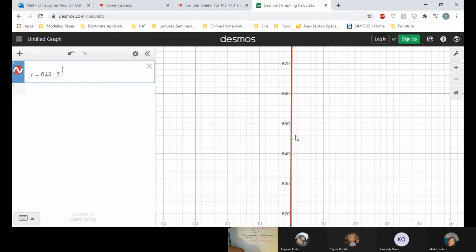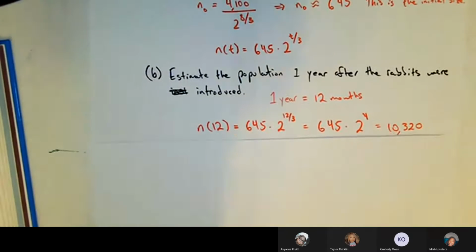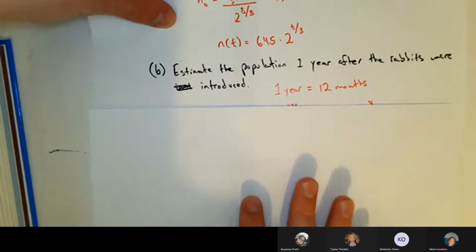In fact, that's what they did in the picture in the textbook. Their scale for time goes out to 20, and for the population goes out to 20,000. When you adjust the axes like that, you get that nice exponential graph shape. But if you don't, you're looking at basically a vertical line. It's not a vertical line, but you really can't tell.